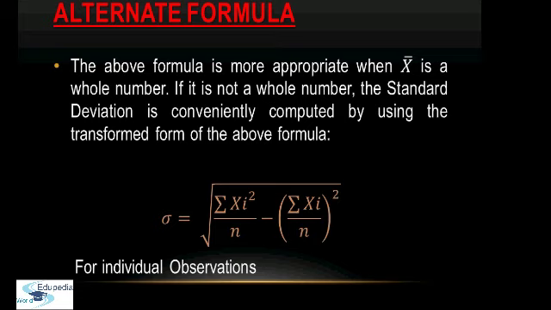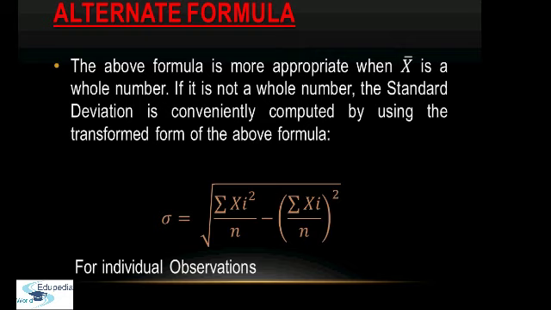Of course we can use both these formulas interchangeably for any problem. We will get the answer definitely, but as far as convenience and ease is concerned, the second formula is more suitable when the mean is a decimal, whereas the first one is more suitable when it is a whole number.